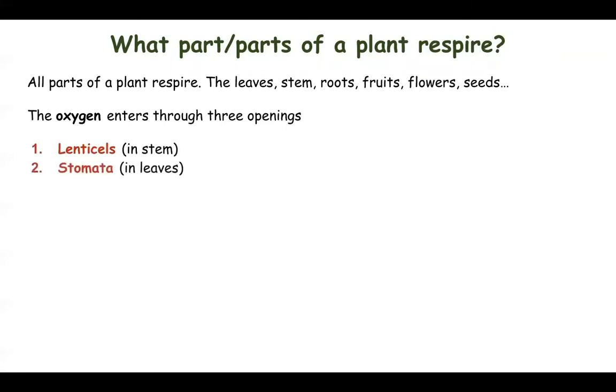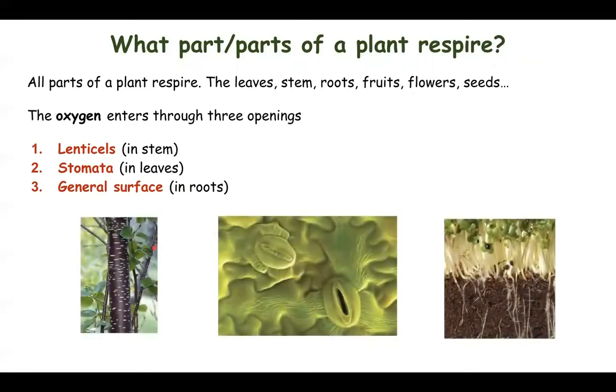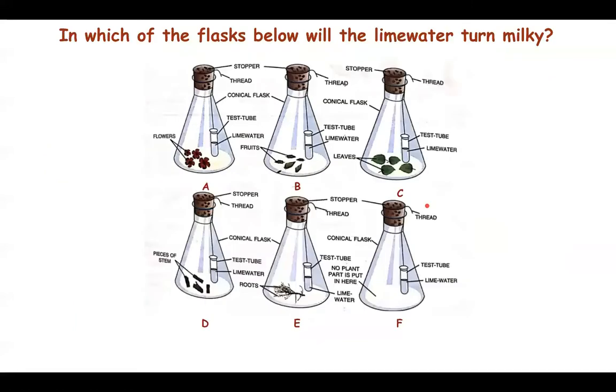It can enter through stomata, which are present on the leaves in the epidermal region. It can enter through the general surface, as in case of roots, which are present inside the soil. So whether it is lenticels, stomata, or the general surface of the roots, the entire plant respires. Every inch of the plant respires.